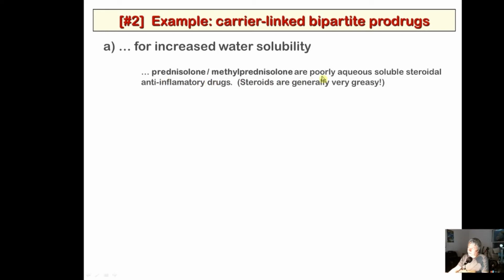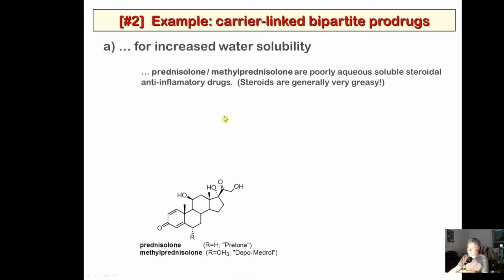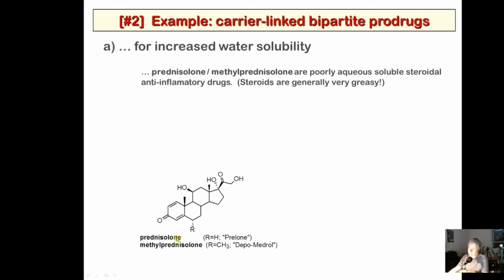Most steroids, like you probably know, are very poorly aqueous soluble, and steroids are very greasy. They have a lot of these cyclohexane rings that are all fused, and they have maybe this kind of general structure. This is prednisolone and methylprednisolone, and steroids are generally pretty greasy.